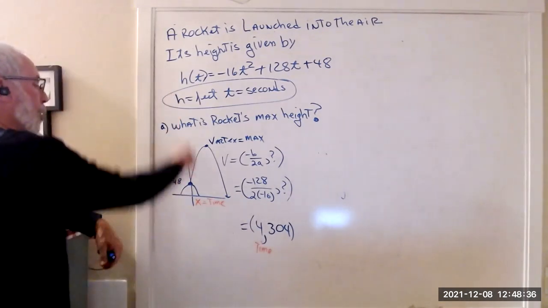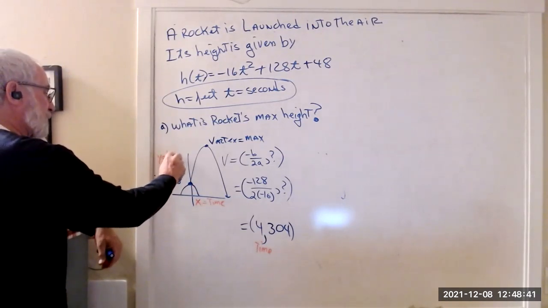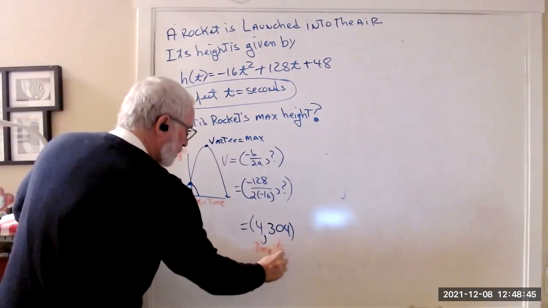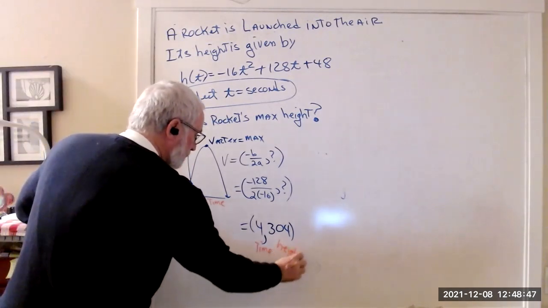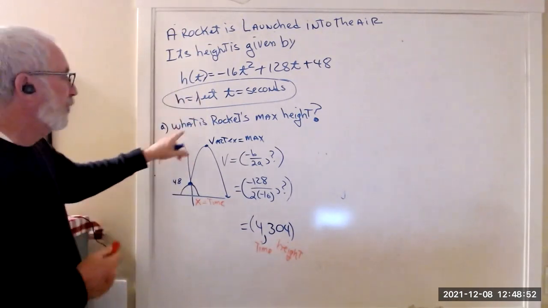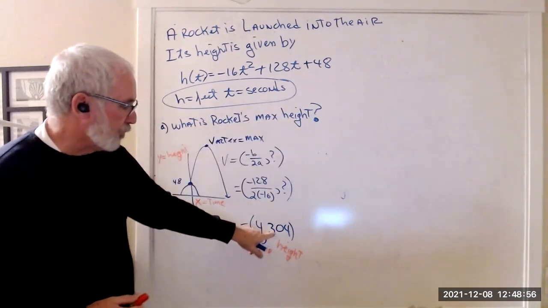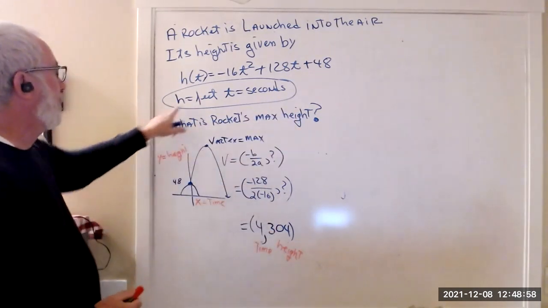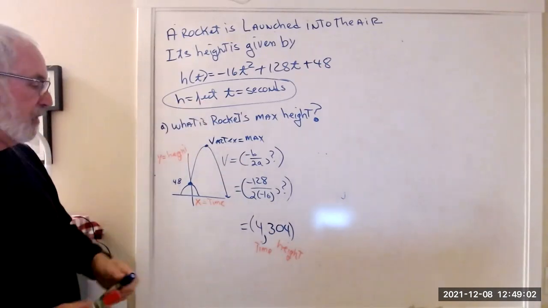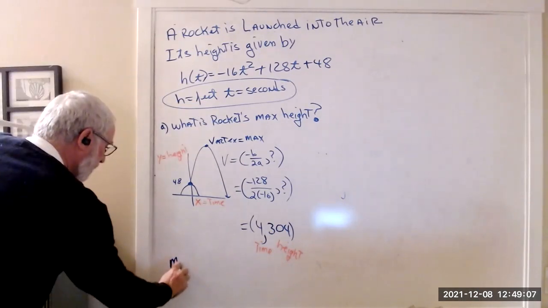Our y-axis has now become our height axis. The question says, what is its maximum height? The answer is 304. What are our units? Feet. The max height is 304 feet.